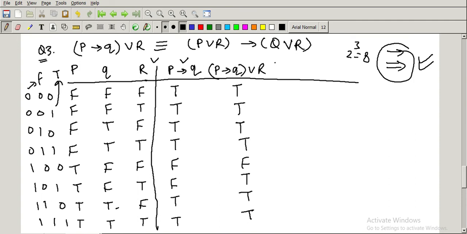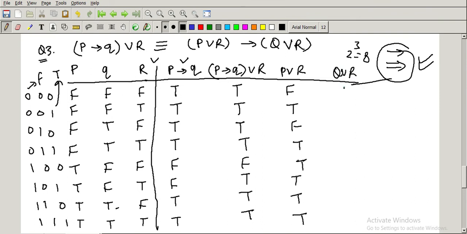Then this is P or R, right? P or R, this one. False, false, false; false or true, true; false, false; false or true, true; true or false, true. This is true for P or R, because in OR, if one input is true, or both are true, then it is true. So true, false here is also true, and true, true here is also true. Okay, then Q or R. Q or R means these two.